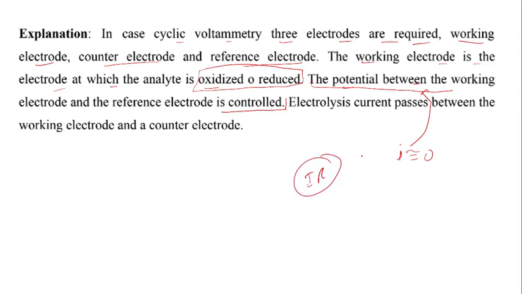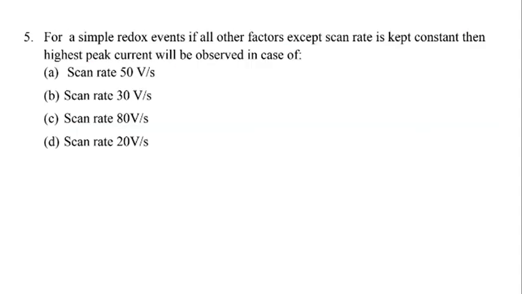Otherwise, if we provide voltage between the counter electrode and working electrode, there will be some IR drop of the solution, which will drop your potential. That's why we use a reference electrode. Electrolysis current passes between the working electrode and counter electrode. So this is the right answer of this question. I think it is crystal clear. Any doubt you can ask up to here.